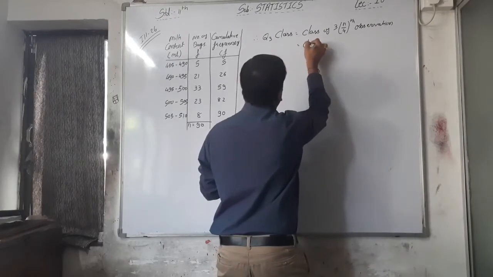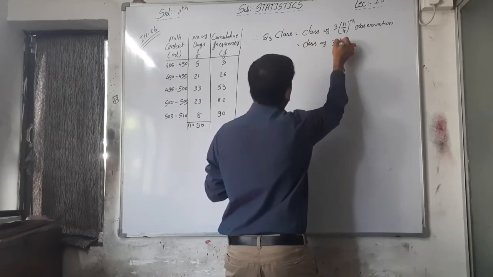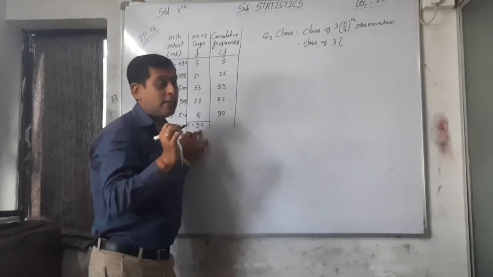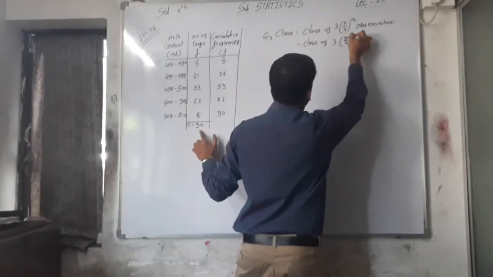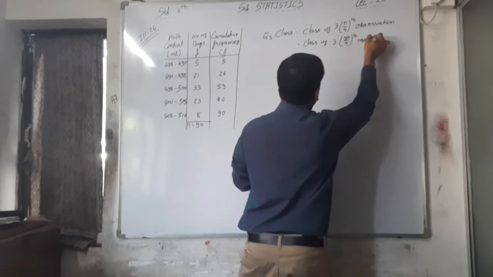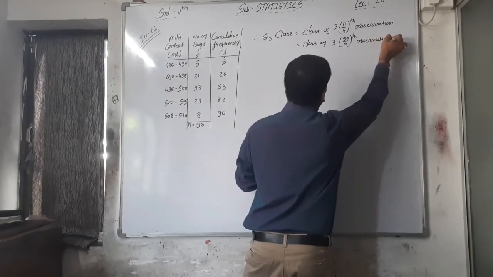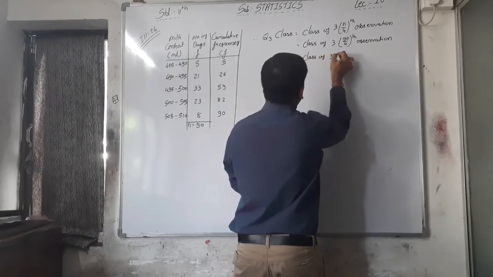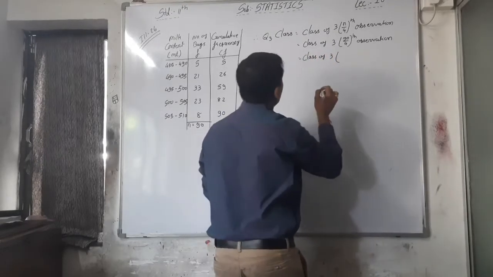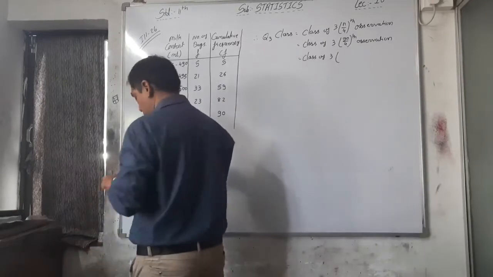So class of 3 into n, n is equal to what? 90. So 90 by 4th observation. So class of 3 into 90 by 4, that is 22.5.